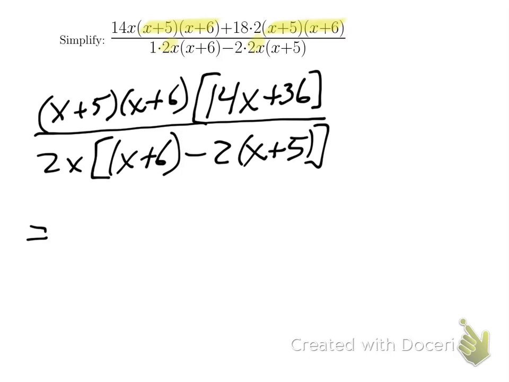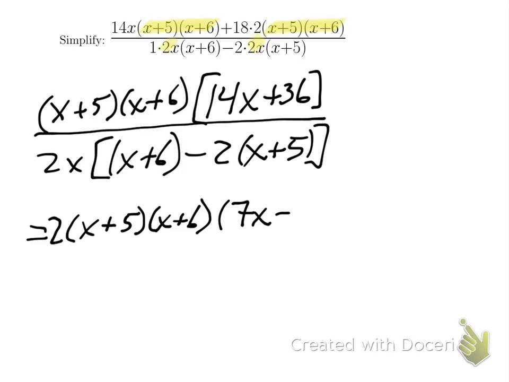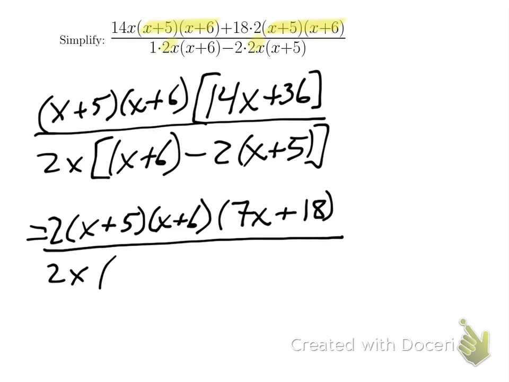So I'm going to factor out that 2x. What this does is it almost completes the factoring to look for what I can simplify. So I also notice that there's not just the x plus 5 and the x plus 6, but there's a 2 inside that 14x plus 36. So I'm going to factor that and get 7x plus 18 for that one.